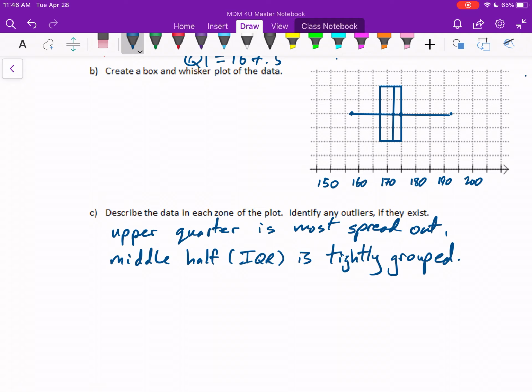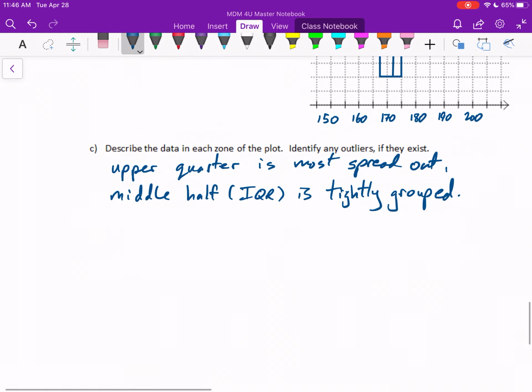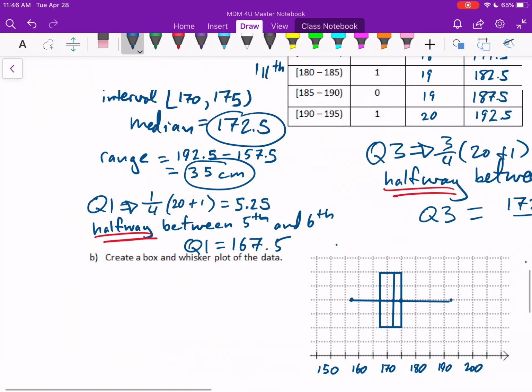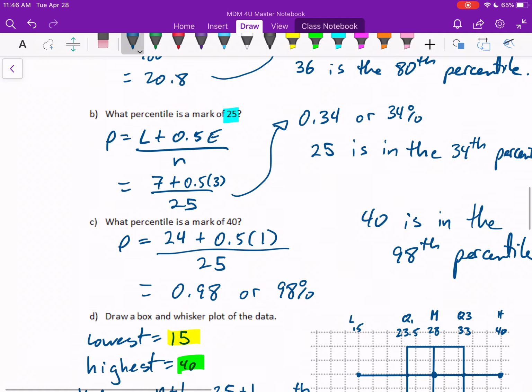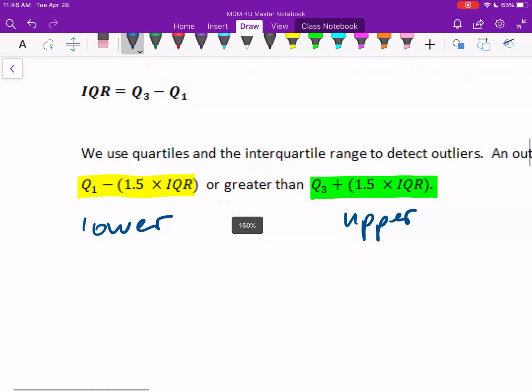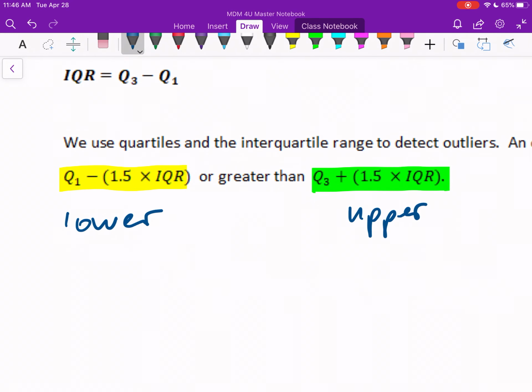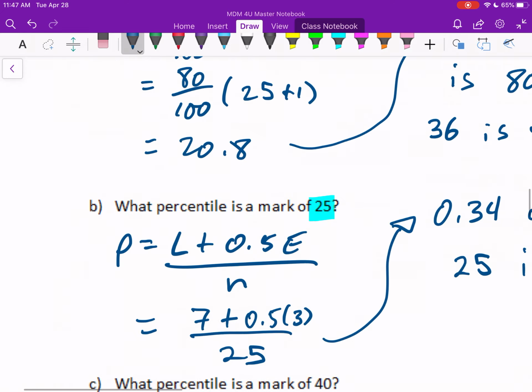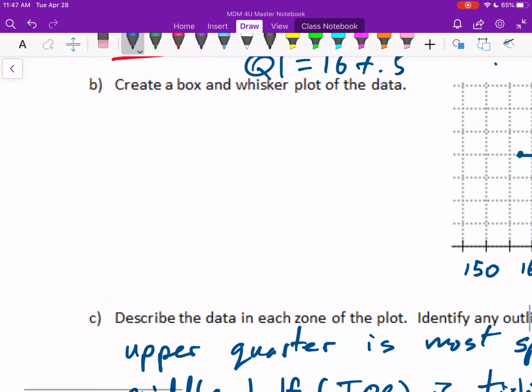The last thing is to see if there's any outliers. Remember that we had to do two different things for outliers, just to go back all the way up here, the one I did in yellow, the one I highlighted in green. To find if there's any outliers from the lower end, I would do Q1 minus 1.5 times the IQR. So let's just do that for starters.